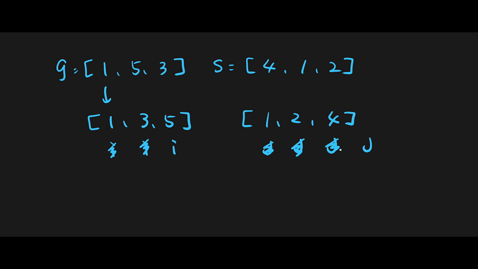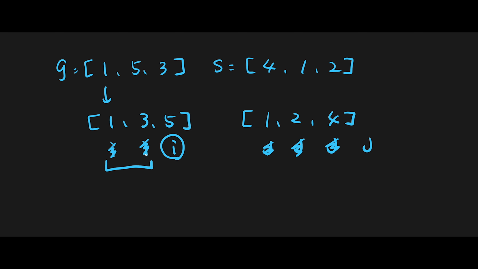Now j is out of bounds, so we stop iteration. Then all we have to do is return i, because we can make 2 children satisfied. Yeah, so that is the basic idea to solve this question.